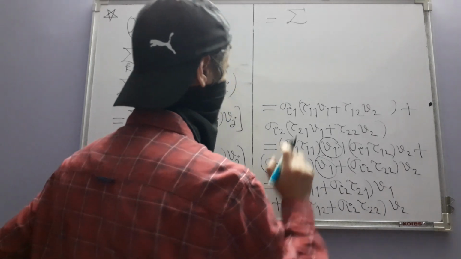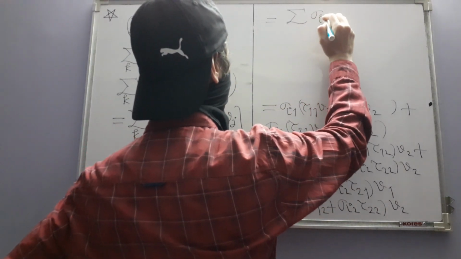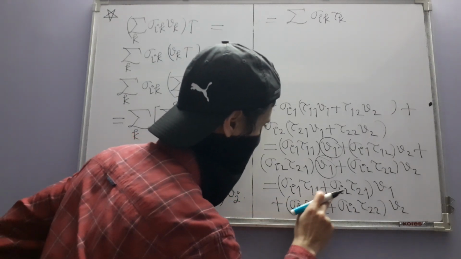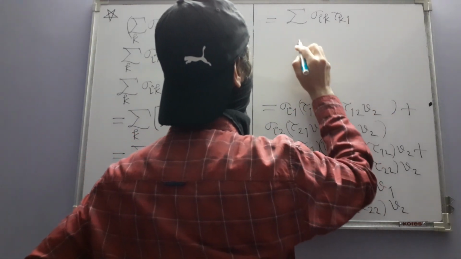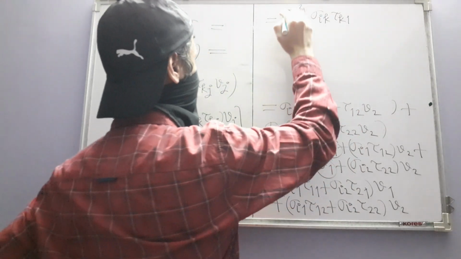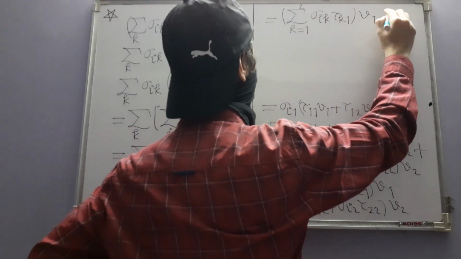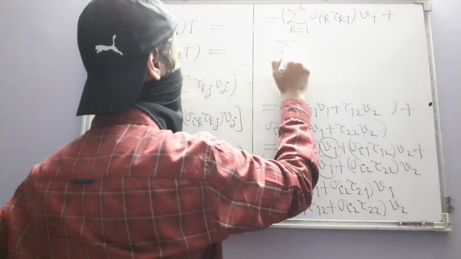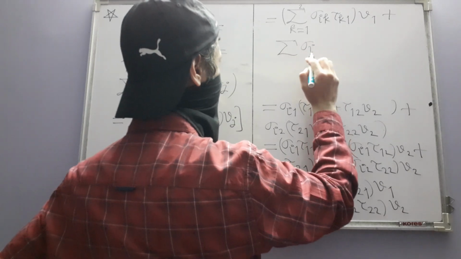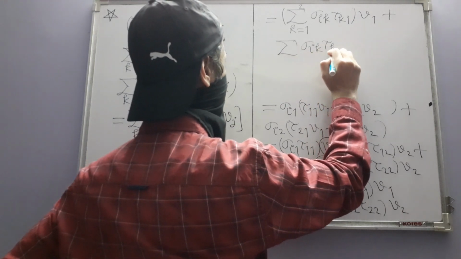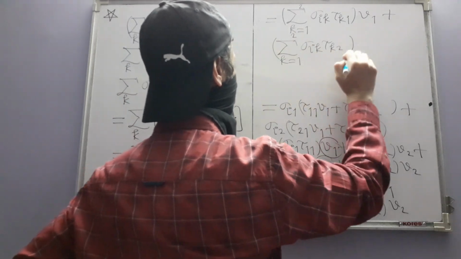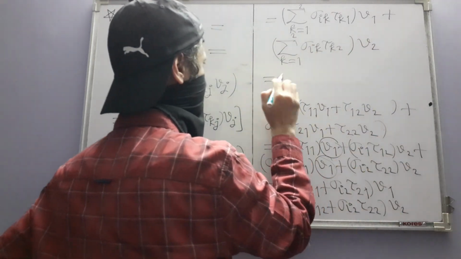So this one can be written as sigma σ_ik τ_k1, where k varies from 1 to 2, times v1, plus, then this one is sigma σ_ik τ_k2, again k varies from 1 to 2, times v2.